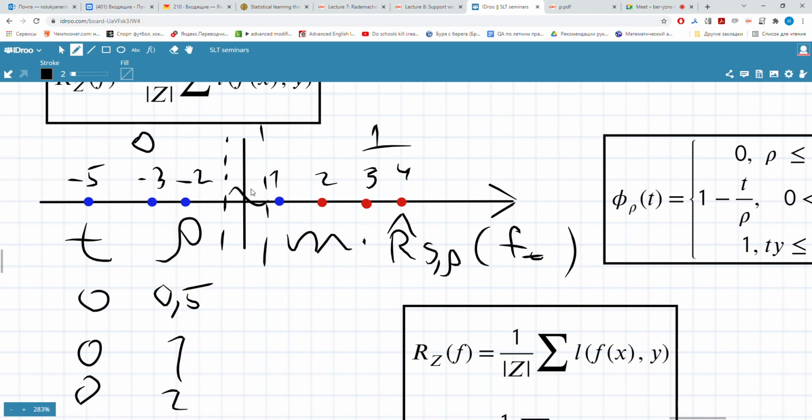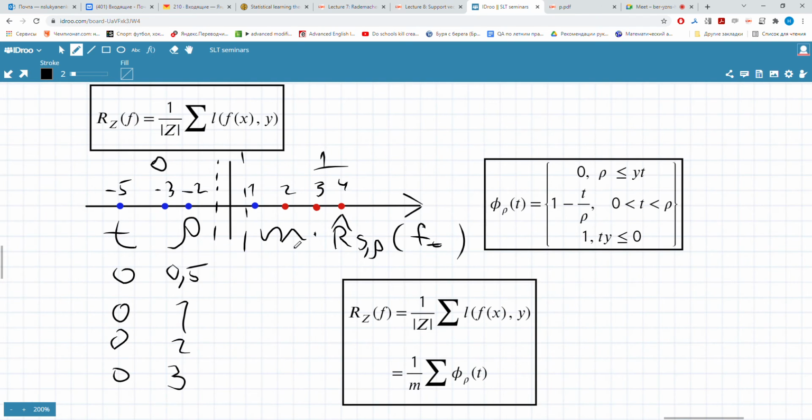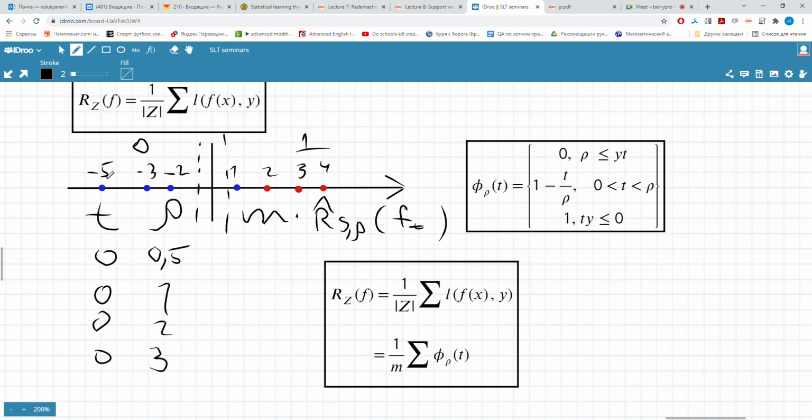There we are not sure, but we have some lack of assurance of correct classification. What can we say when we compute this sum for this element? In this case, it's easy to see that we have correct classification.